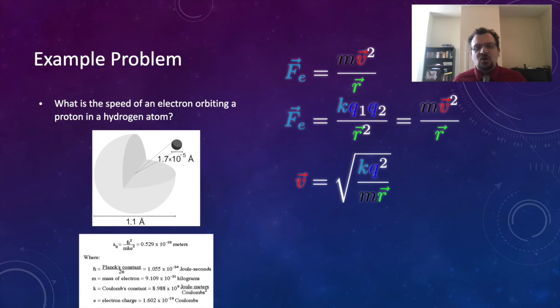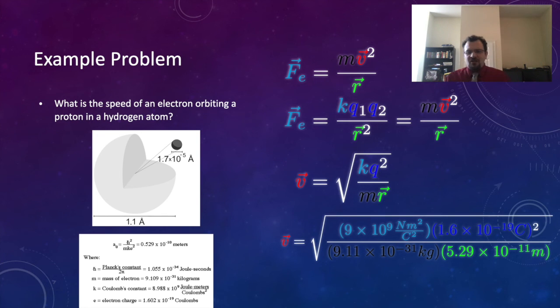And thanks to quantum physics and stuff that you don't need to worry about for a long time yet, we know with very great precision the radius that that electron orbits at. It's called the Bohr radius, which is 0.529 times 10 to the minus 10 meters.